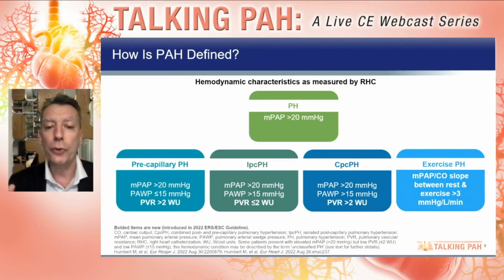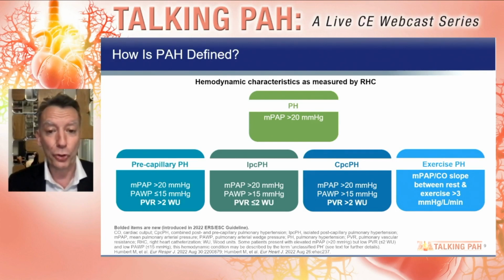So any value of more than the mean and twice the standard deviation were considered as abnormal. So the upper limit of normal is 20 millimeters of mercury. So any value strictly above 20 is abnormal and defines pulmonary hypertension.